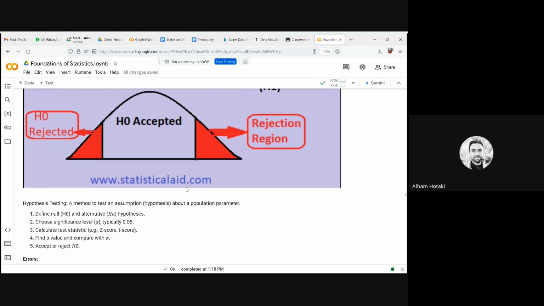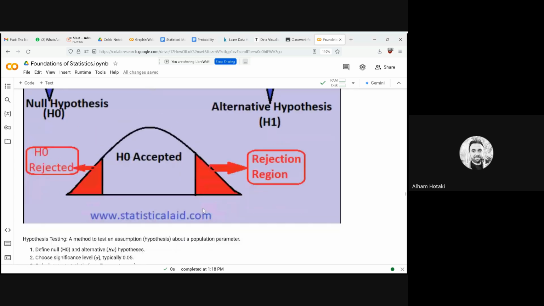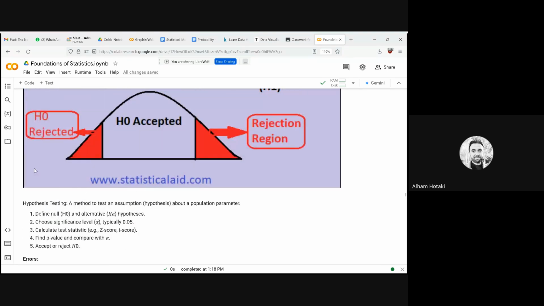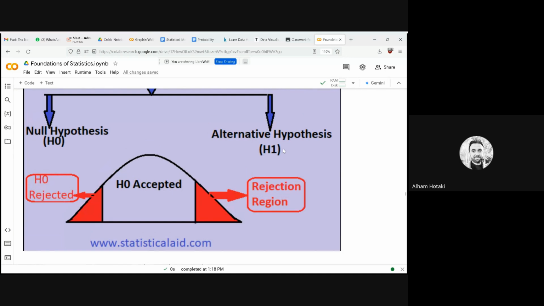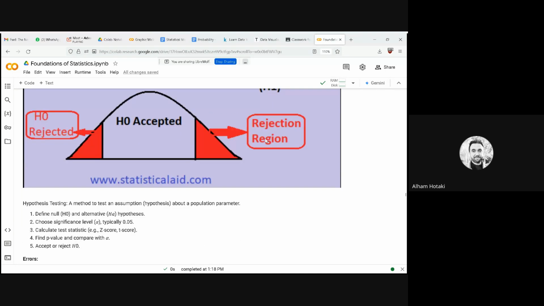Hypothesis testing is a method to test an assumption, a hypothesis, about a population parameter. For example, we have the null hypothesis and the alternative hypothesis, which is HA, H1, or H alpha. We have to have a significance level, typically 0.05, on both sides.